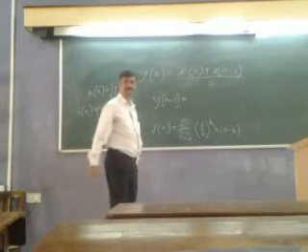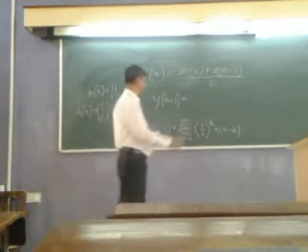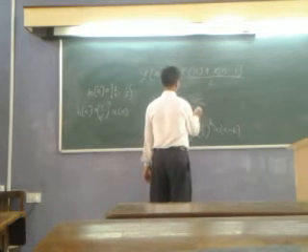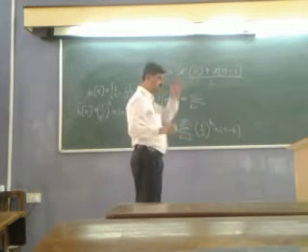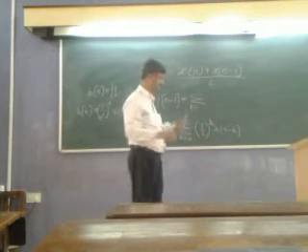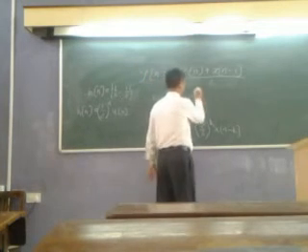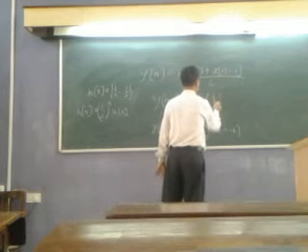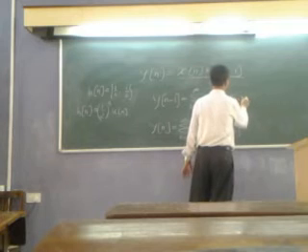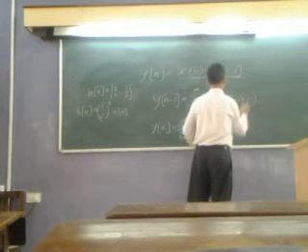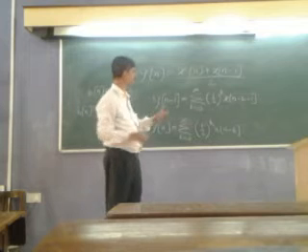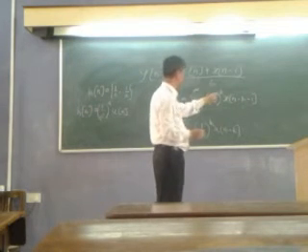The summation k equal to 0 to infinity of half raised to k x of n minus 1 minus k. Right?